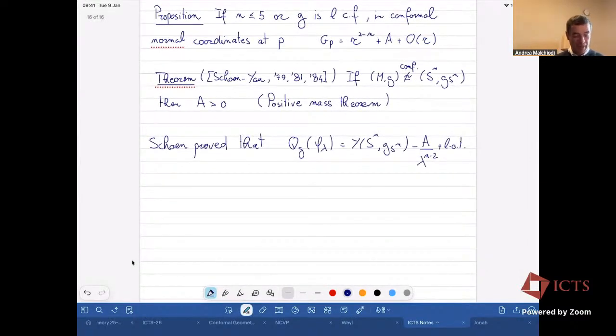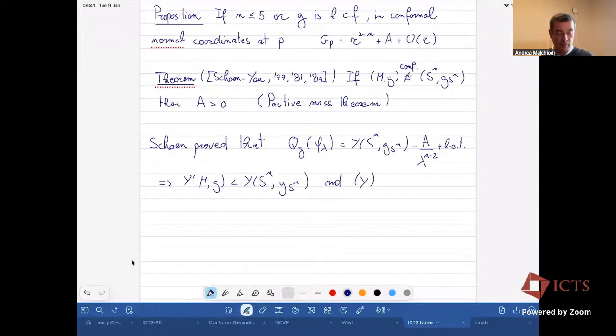So this implies again the strict inequality. So you produce test functions for which the Yamabe energy is strictly smaller than the spherical one. And the Yamabe problem is solvable.